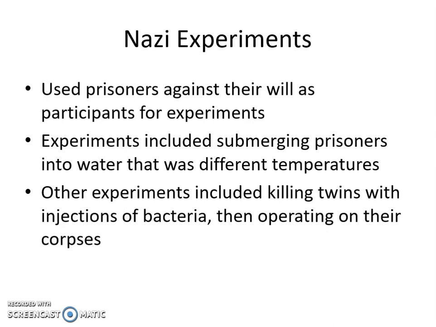One set of twins apparently had an injection in their back, and this killed them, and then the doctors operated on them because the Nazis wanted to try and change their eye color. Again, like the previous experiment, there's so much wrong ethically and legally with these experiments. But due to there being no knowledge of the issues and no code of conduct for the researchers to follow, the experiments went ahead.